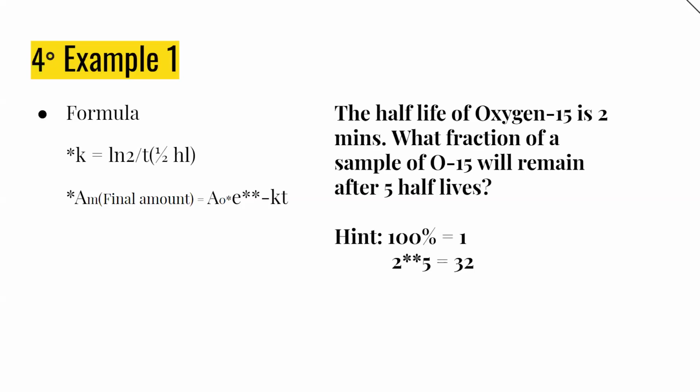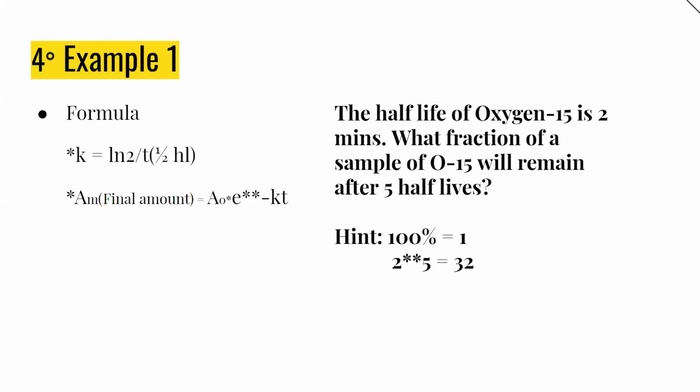There's one example: the half-life of oxygen 15 is 2 minutes. What fraction of the sample of oxygen 15 remains after 5 half-lives? It is easy to solve, because initially there is 100% of the oxygen 15, which can be regarded as the number 1.